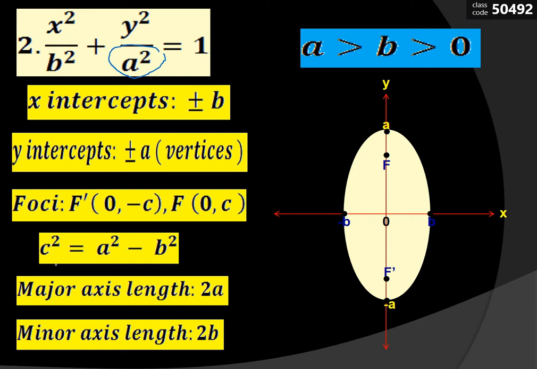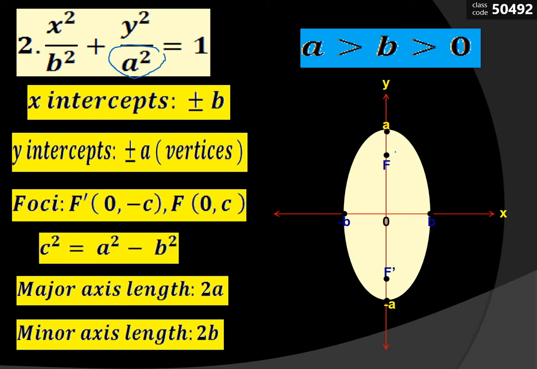The same, we're going to use this in order to solve for c, a, and b. So we have c squared equals a squared minus b squared. The major axis length is 2a, or twice the value of a. The minor axis length is 2b, or twice the value of b. In this case, b is less than a but greater than 0.